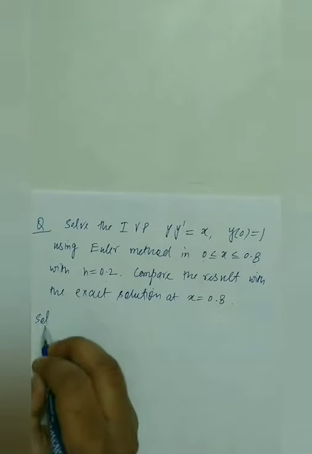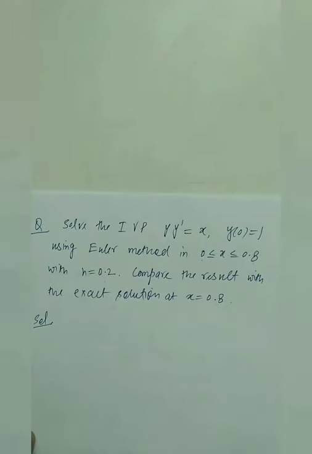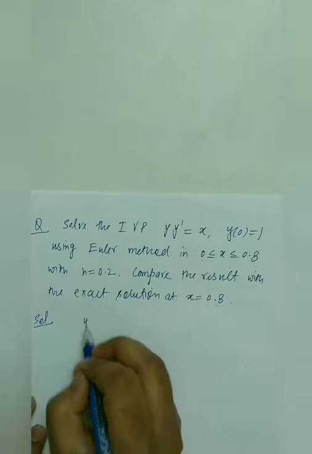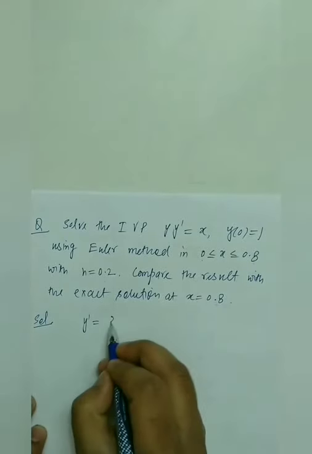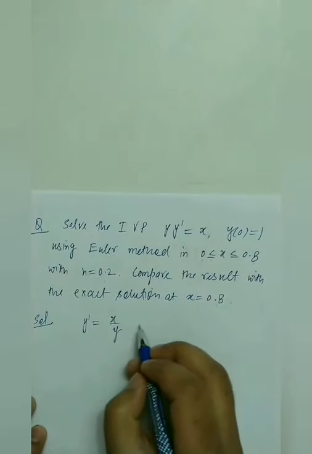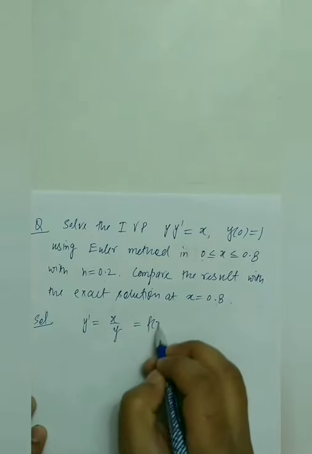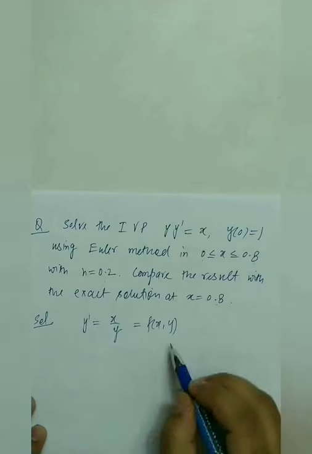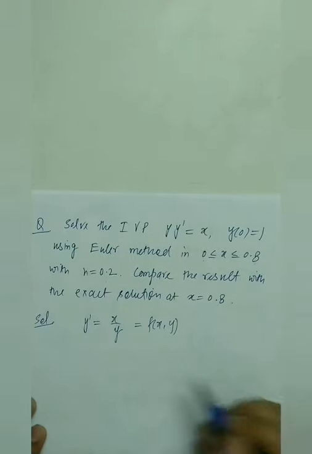So let us solve this initial value problem. We are given y', which we can write as x upon y, and since y' is equal to f(x, y), f(x, y) is equal to x upon y.